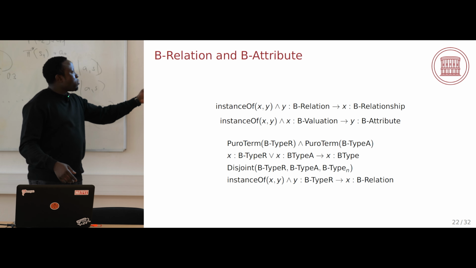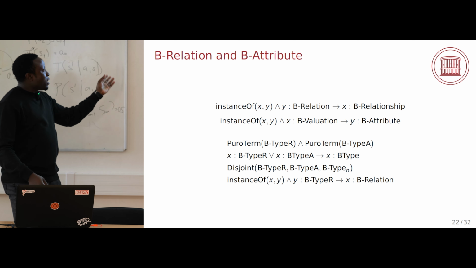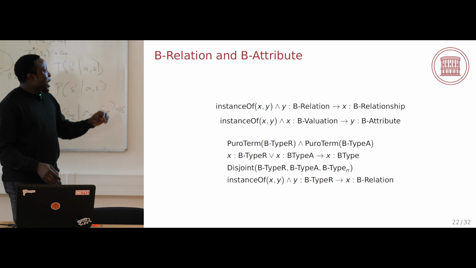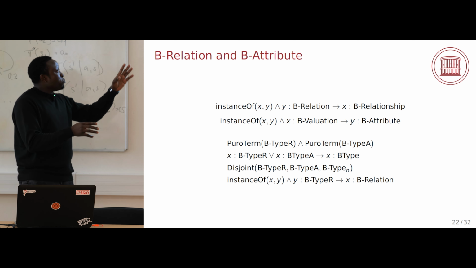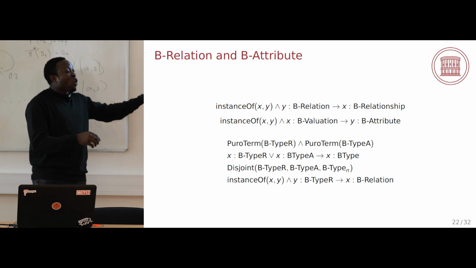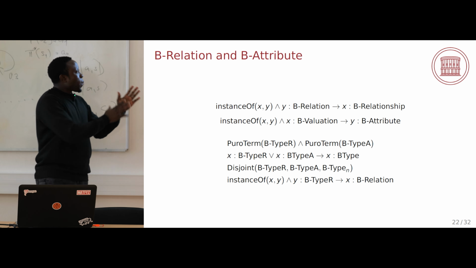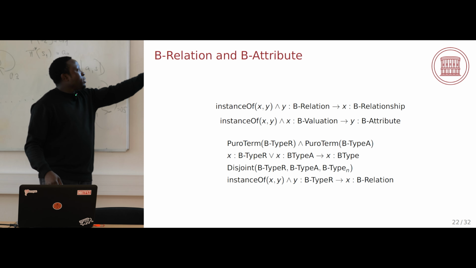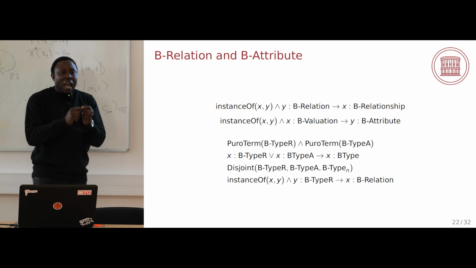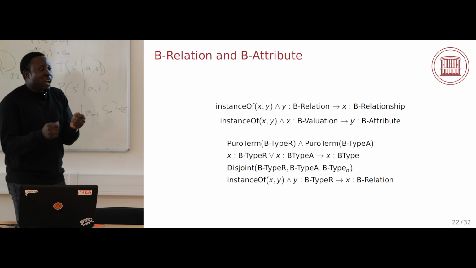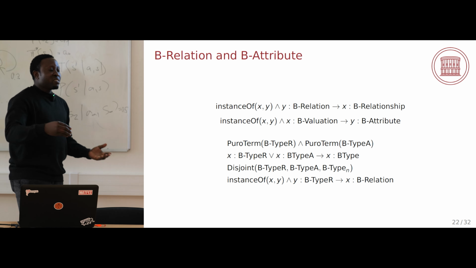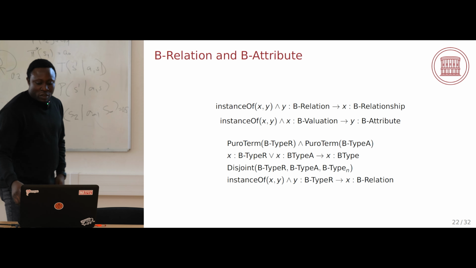They are also disjoint from the classes of B type 1, because B type R and B type A are classes of relationships, not just ordinary classes that instantiate individuals.